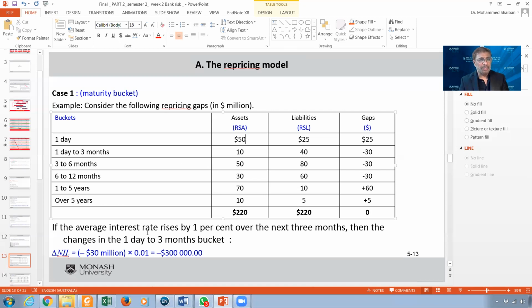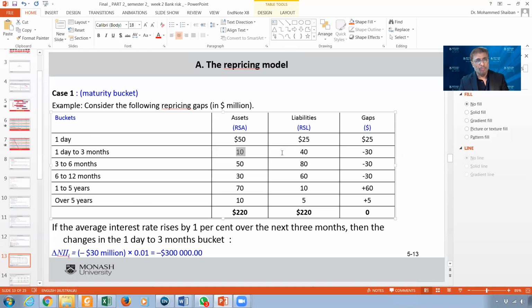Now, if the average interest rate rises by 1% over the next 3 months, I'm talking about this horizon. What would happen to me in this horizon is that my assets are actually less than my liabilities.